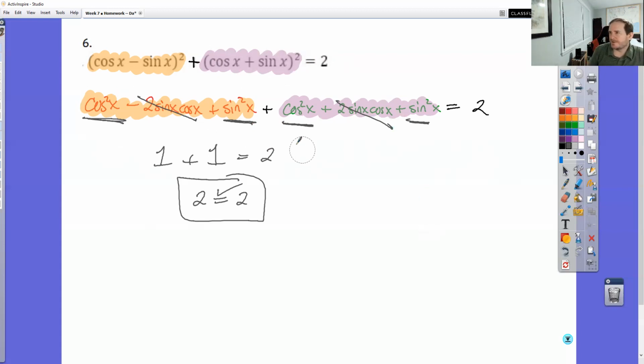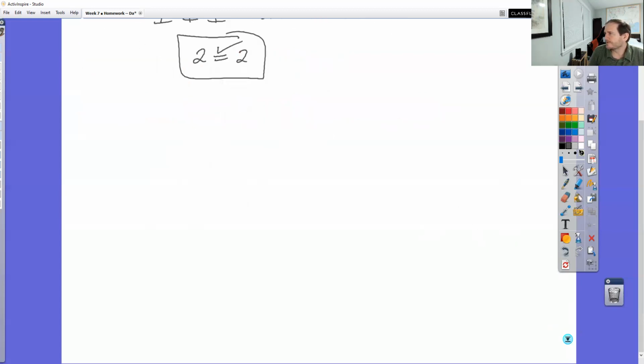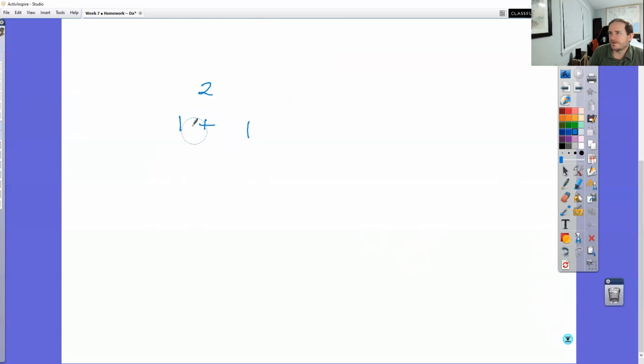For the sake of argument, now that you've seen it this way, how would you turn a 2 into this big blob? Well, you do it like this. And say, all right, 2. That could certainly be expressed as 1 plus 1. And then the 1 could be a cosine squared plus a sine squared. And this other one could be a cosine squared plus sine squared.